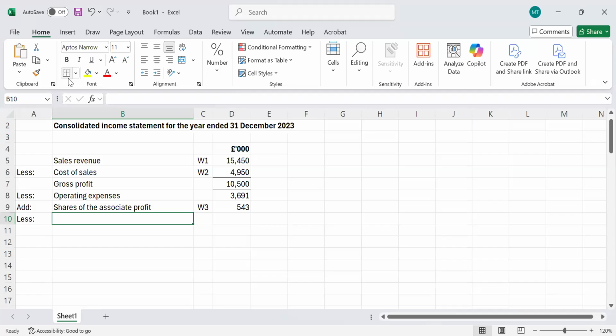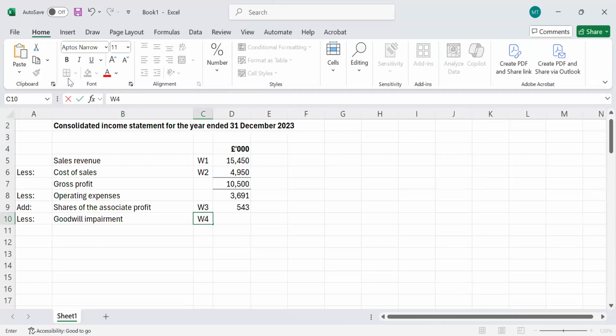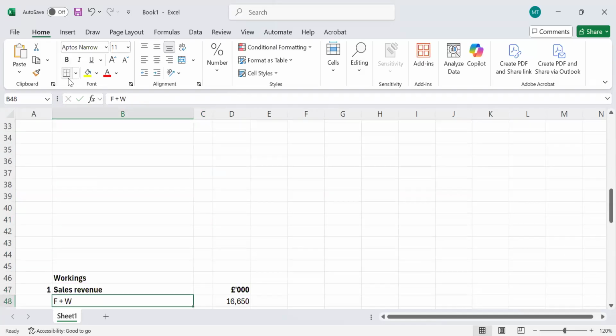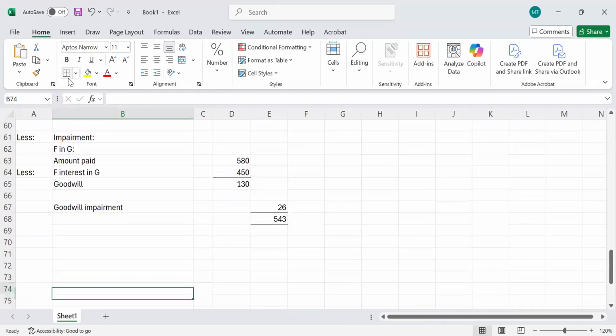So put this here, goodwill impairment, and this will be our working 4.